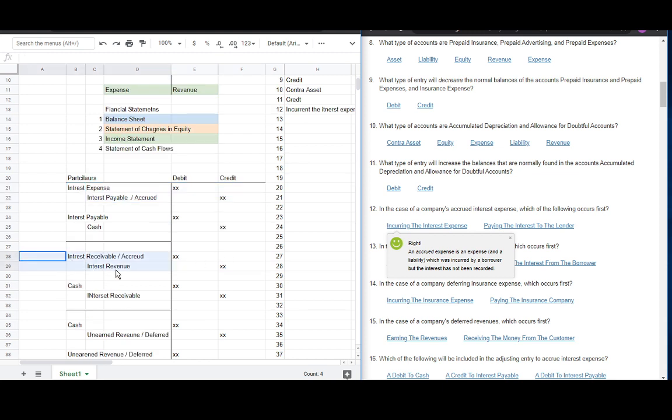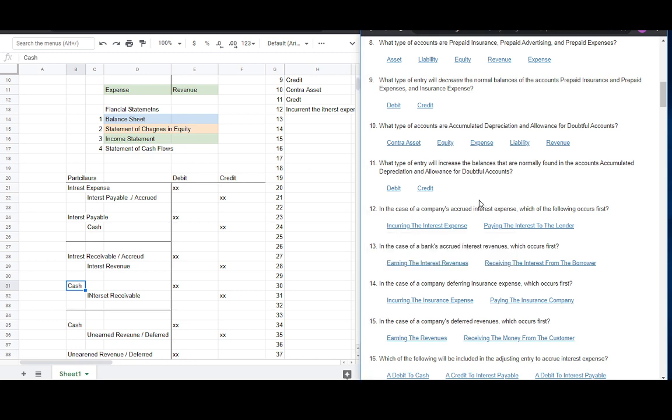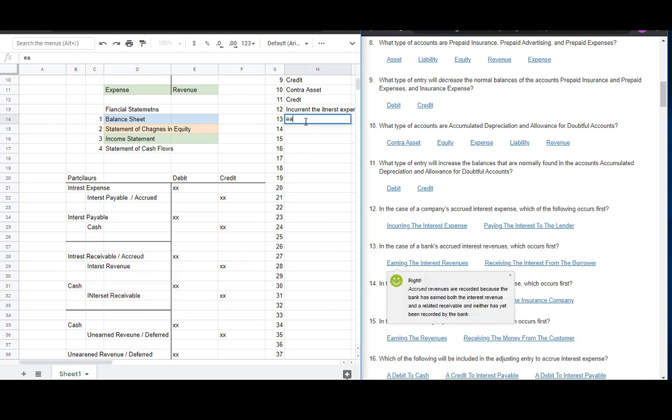This also applies to interest revenue, where we recognize it first before cash is received. Number 13, in the case of the bank's accrued interest revenues, which occurs first? Again, earning the interest first.